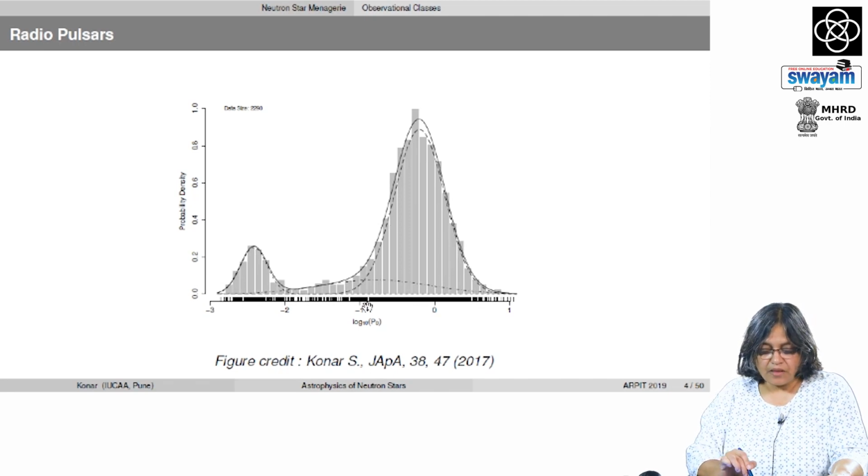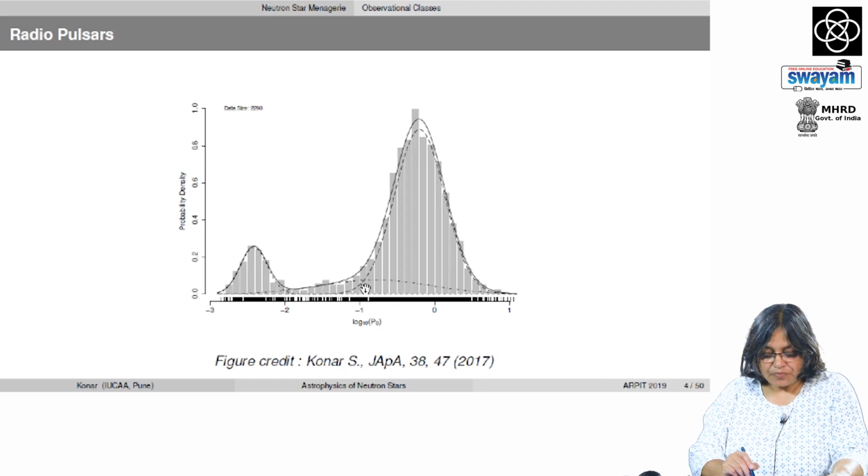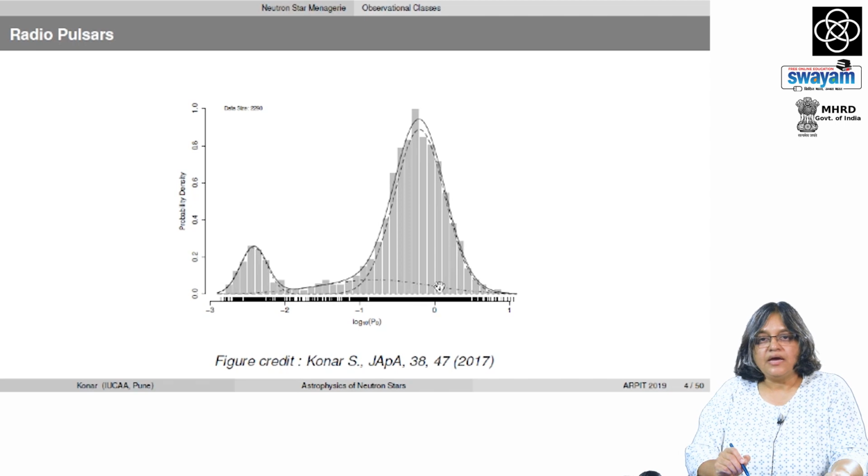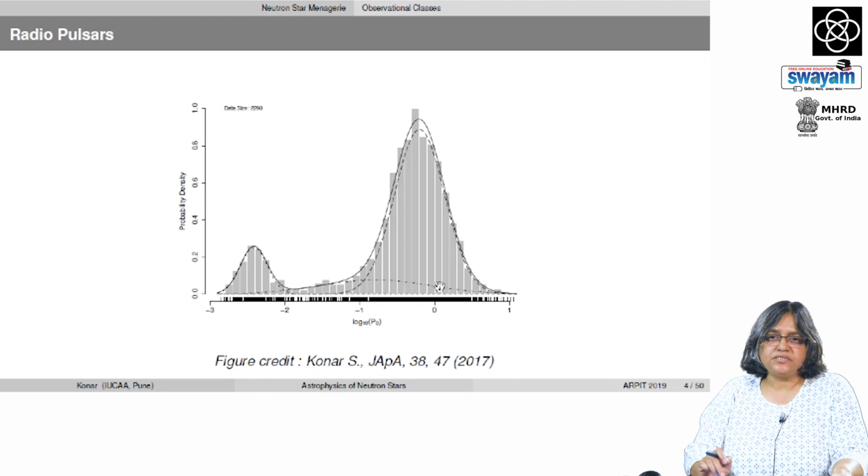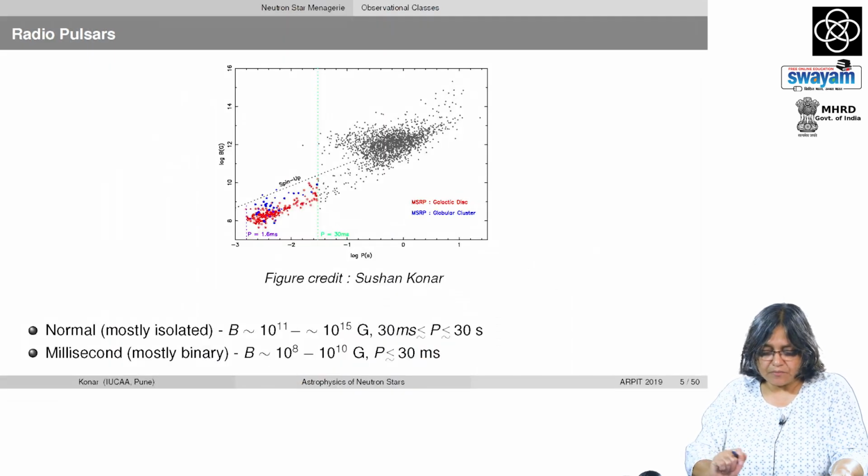One is our main island of radio pulsars, that is the ordinary radio pulsars. Then there is a small island of millisecond pulsars, and not very surprisingly there is a small hump, a small component of intermediate radio pulsars. We will see later how these 3 categories fit neatly into the evolutionary scenario of radio pulsars.